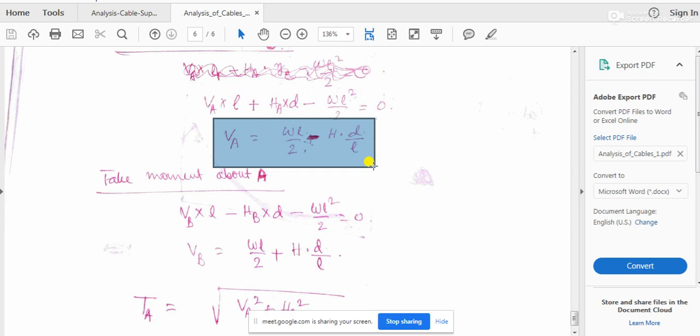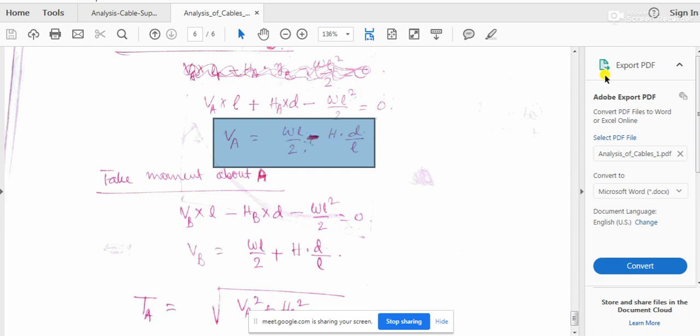So it will be unlike the cables when the cable is supported at the same level. If the supports are at different levels, then the vertical component of reaction will be WL by 2 plus minus H into D by L. Why am I saying plus minus?